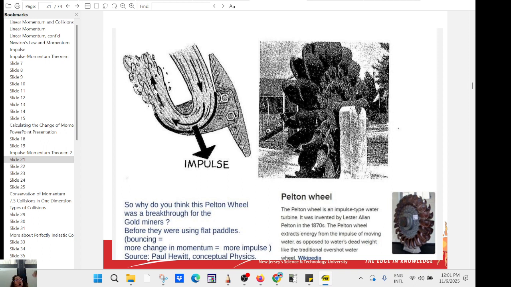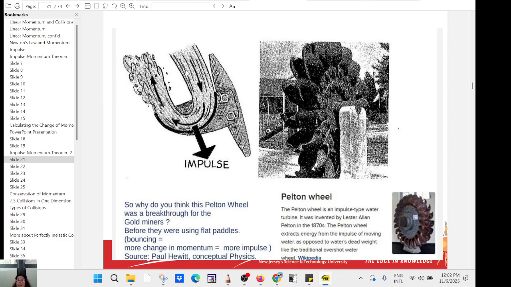Because it's bouncing off. And because it's bouncing off, you have more kick. And if you have more kick, the wheel will speed up, right? More speed. It will go at least like twice the speed, right? And he became very, very wealthy because of that. So this is called the Pelton wheel.